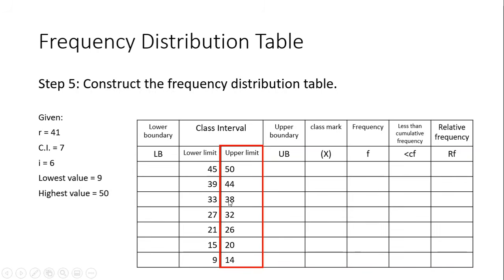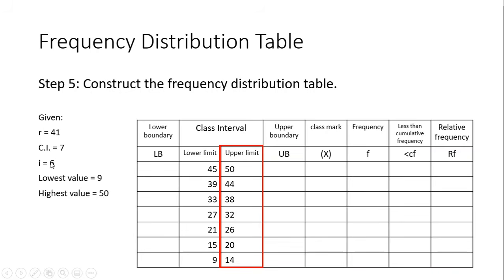Okay, so as I've stated a while back, the intervals, or the difference between two succeeding lower limits or upper limits will always be equal to your class size. That will be the intervals.